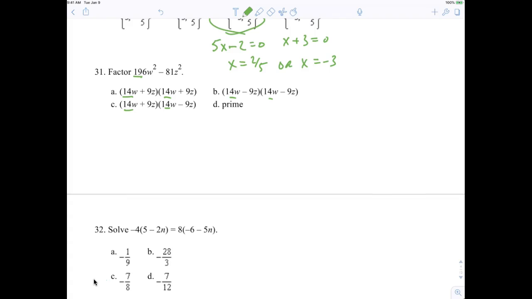So now I know it's 14W and 14W, and then negative 81Z squared, so you should remember it's minus 9Z and plus 9Z. So the correct answer has to be C.